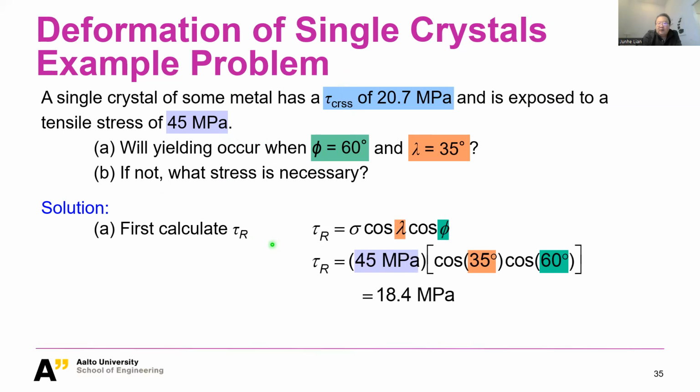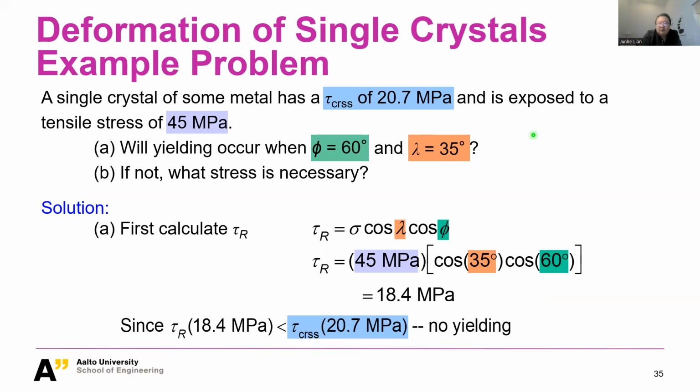We just apply Schmidt's law in the usual way. You take all these numbers and do a simple calculation, and what you get is 18.4 megapascal. You compare with the critical resolved shear stress, τ_CRSS. It's smaller, meaning we are not having yielding. So it's elastic deformation, no plastic deformation.